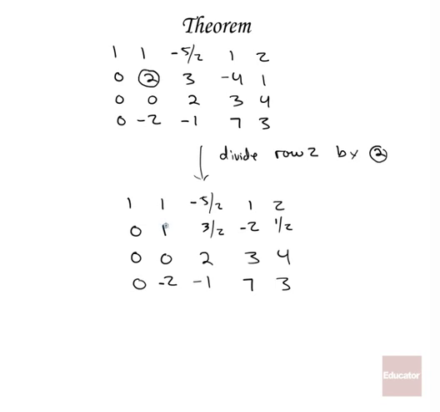Did we make a mistake here? Let's see here. Let us multiply 2 times the second row, add it to this row to get rid of this and make it a 0.